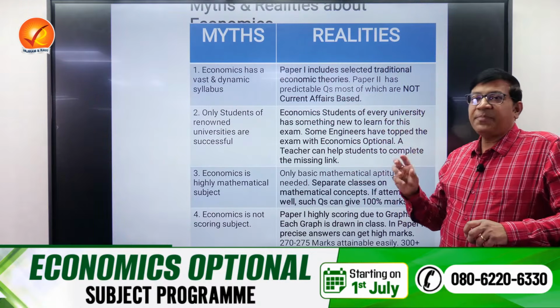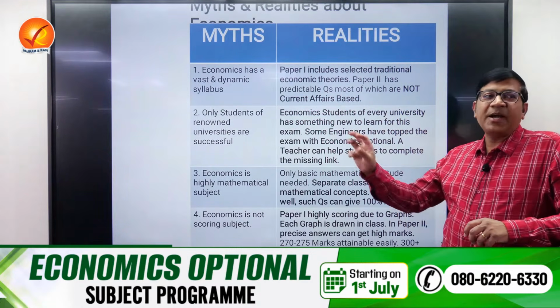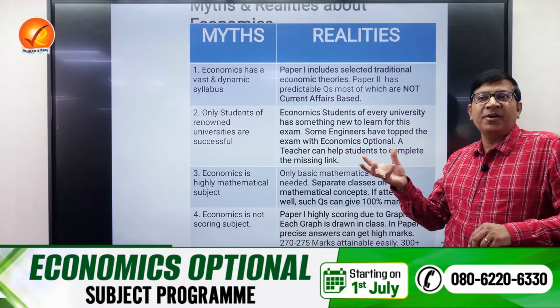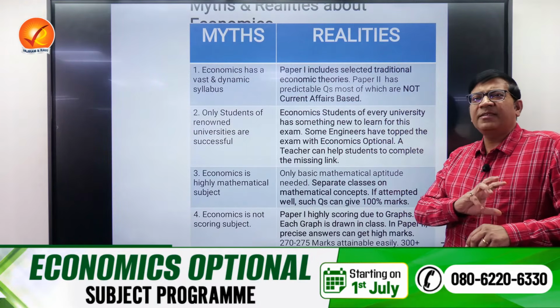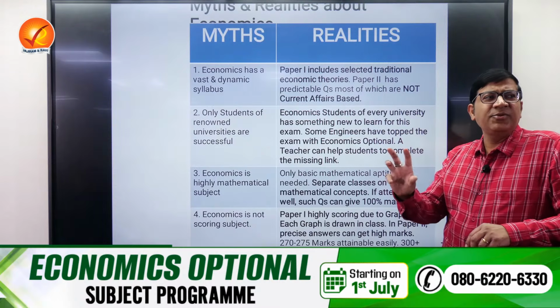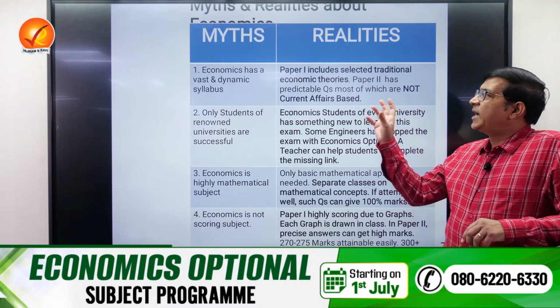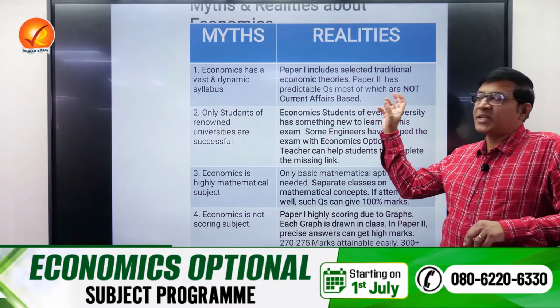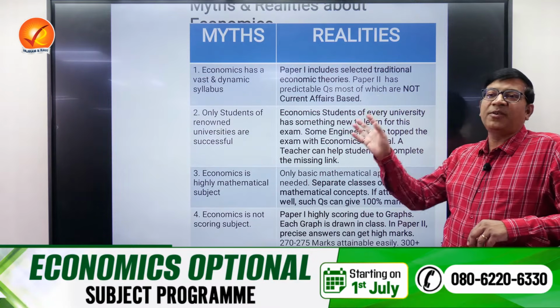Yes, what may happen is that as a sub part of a question, they may expect you to link it with the Indian economy. But even that is not necessarily dynamic, as in linked to the current affairs. As far as paper 2 is concerned, there may be some questions which are dynamic, but most of them are not.